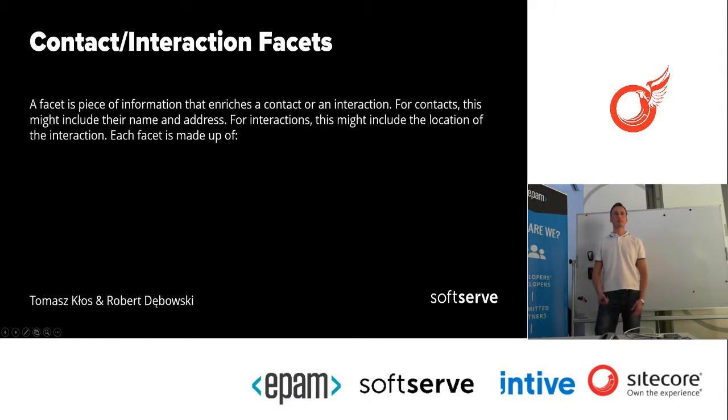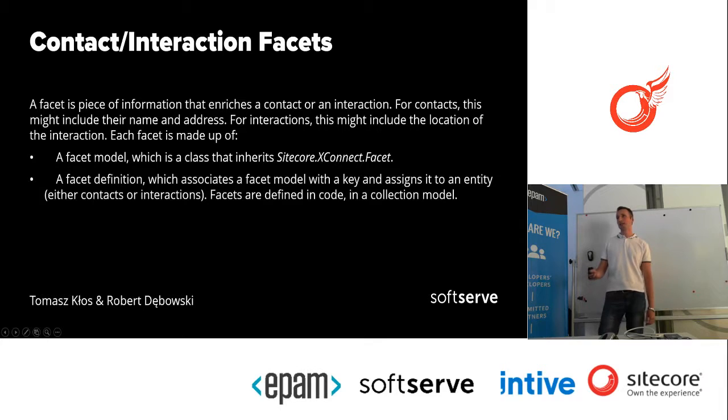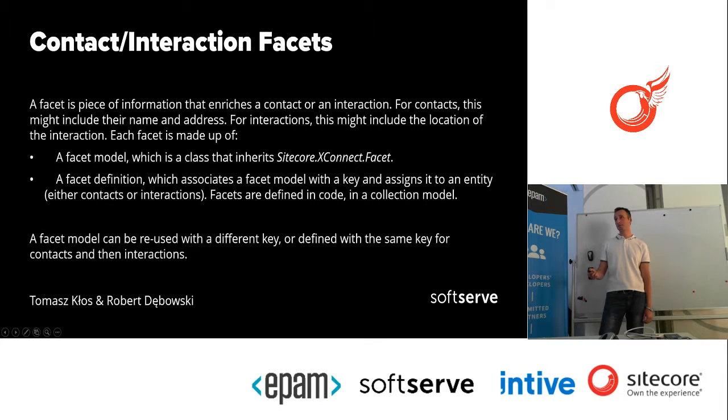So you can easily put in some information that you want to have, like someone's weight or something, I don't know, some idea. Each facet is made up of a facet model and a facet definition. When you're creating the facet model, you can reuse it.